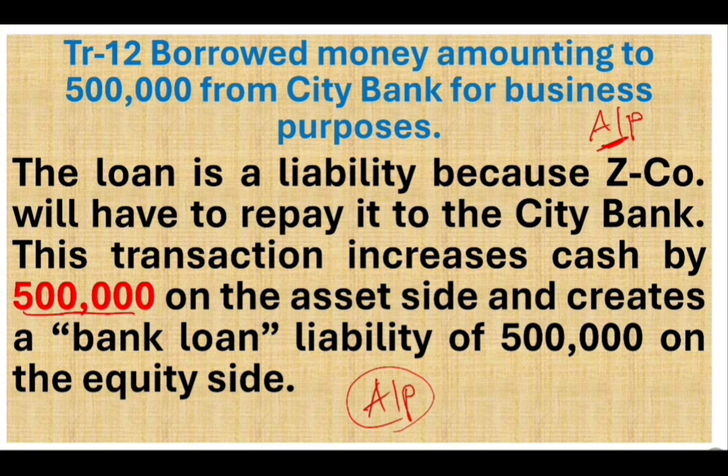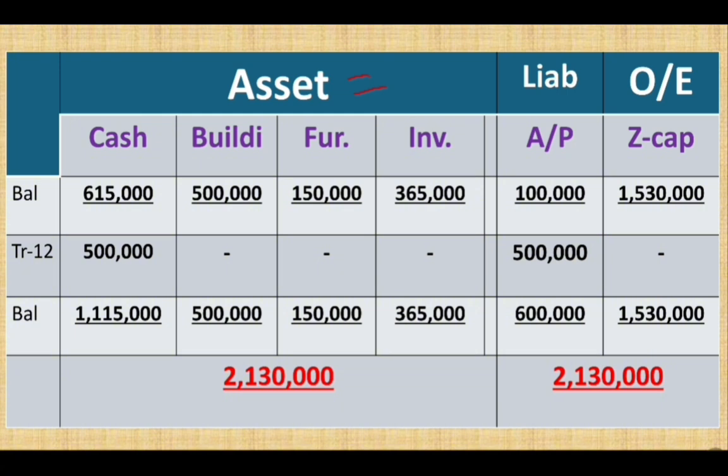Instead of bank loan, we can say account payable. We can write it under account payable because both are accounts, or money, that is going to be paid to our creditors. So this is our last table, which shows asset is equal to liability plus owner equity.